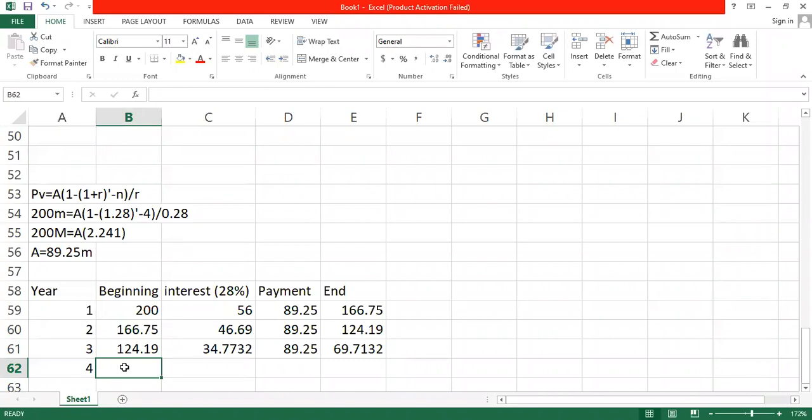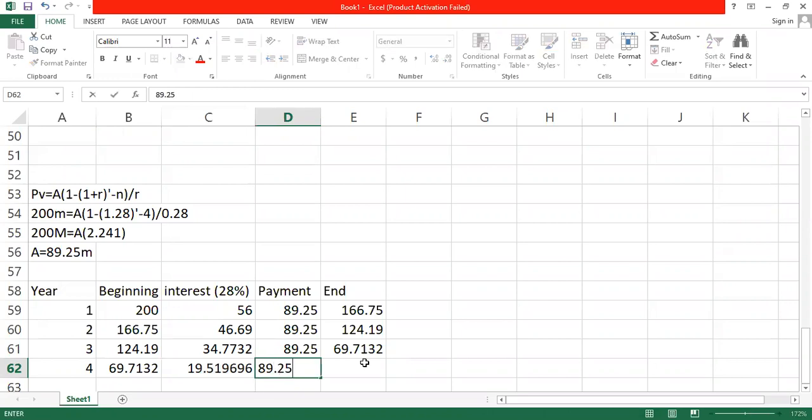69.72, 70. And you pay interest of how much? $19.5. Then what are you going to do? You pay the 89.25 at the end again, isn't it?